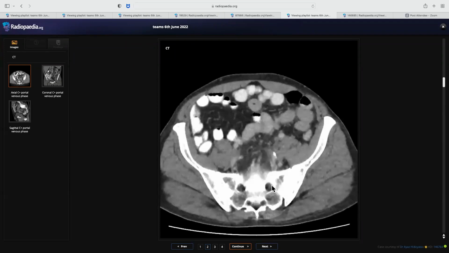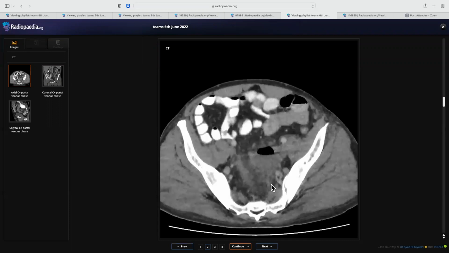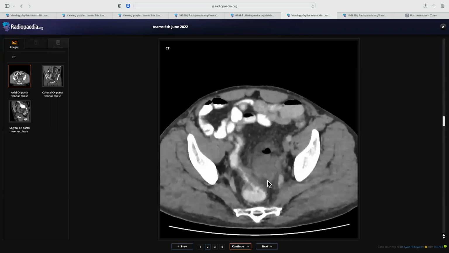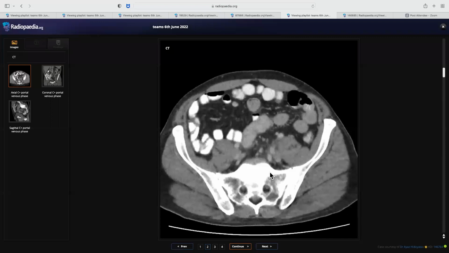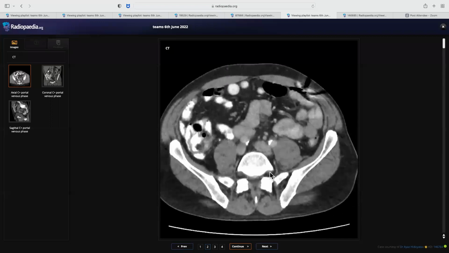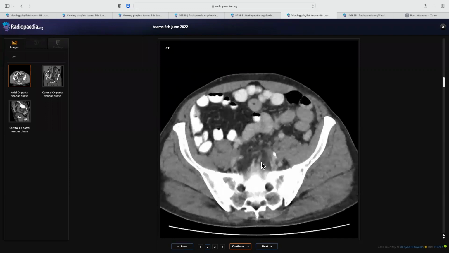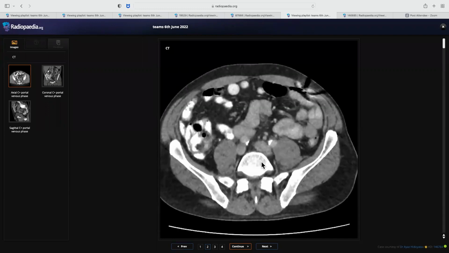It involves skip areas, with discontinuous wall thickening involving the sigmoid colon and rectum. I'm looking for similar wall thickening in the limited images. The patient has severe pain and fever.